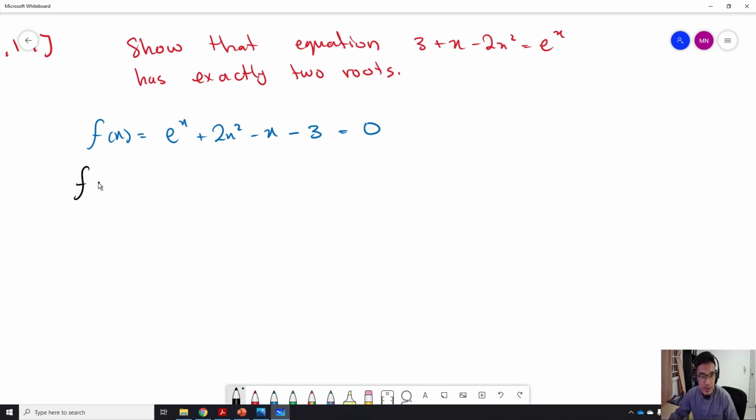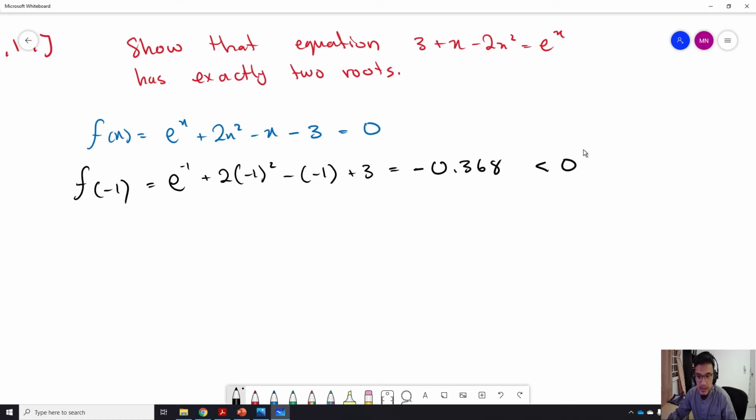So let's try with f(negative 1), so that we have e power of negative 1 plus 2 times negative 1 square minus negative 1 minus 3. So this will give a value of negative 0.368, that is less than 0. And our next trial is to substitute f(0).